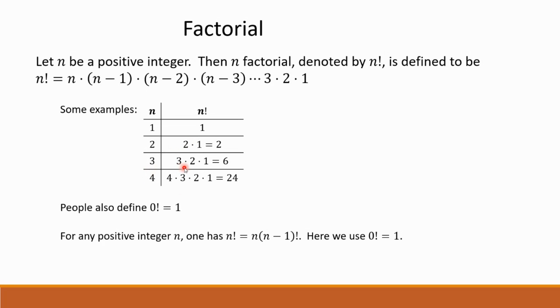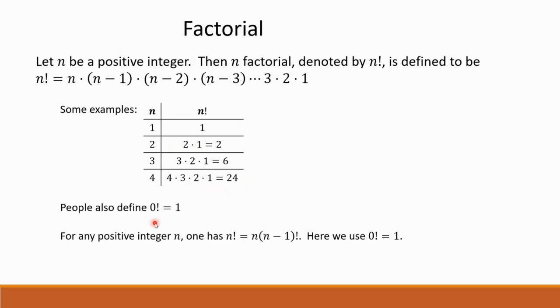Well, that's 3 times 2 times 1. And then 4 factorial is 4 times 3 times 2 times 1, which is 24.